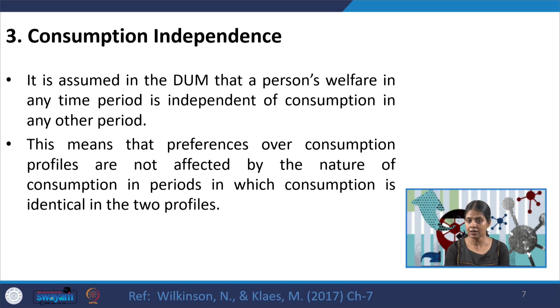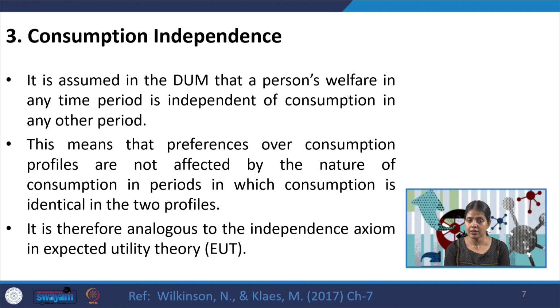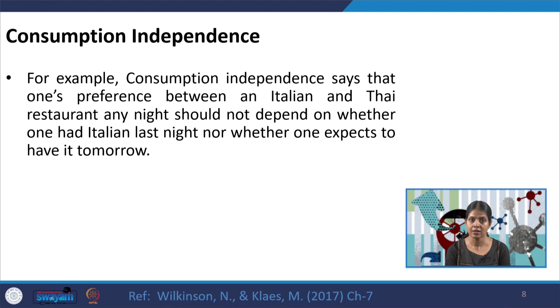I am going to give you an example shortly. It is therefore analogous to the independence axiom in expected utility theory. For example, consumption independence says that one's preference between an Italian and Thai restaurant any night should not depend on whether one had Italian last night nor whether one expects to have it tomorrow.